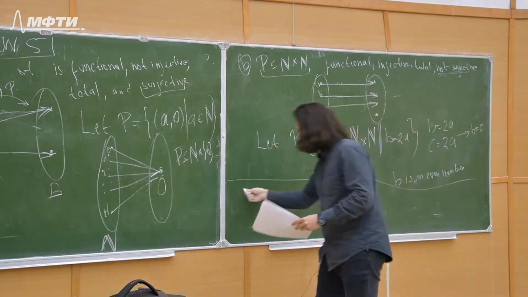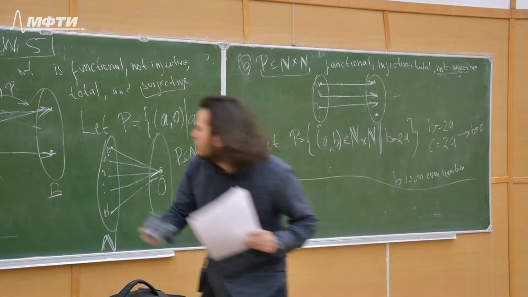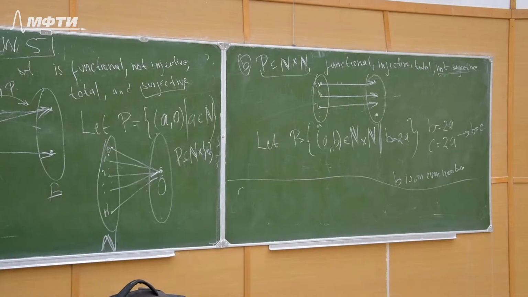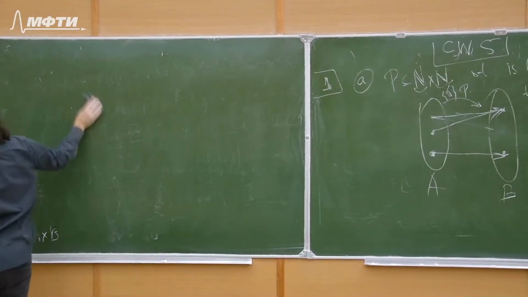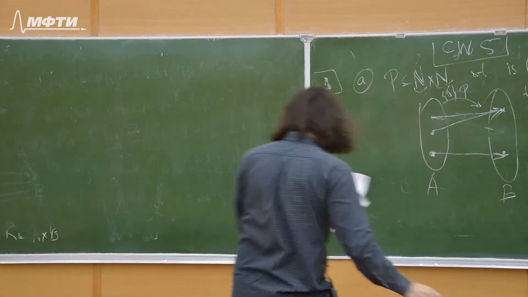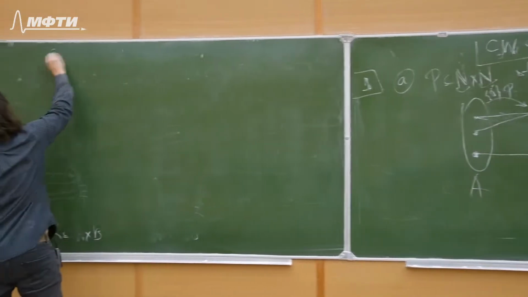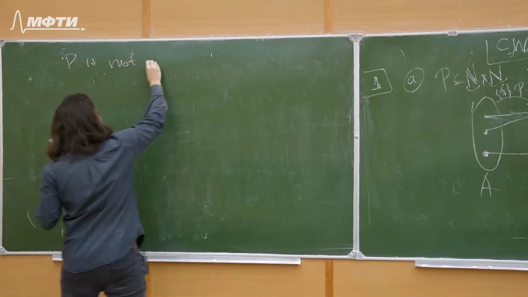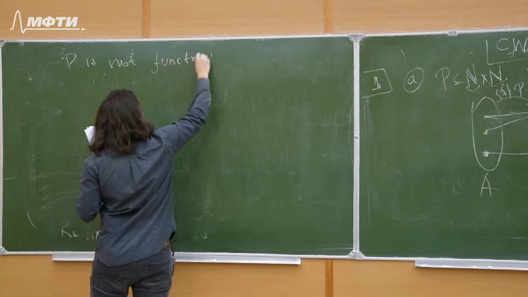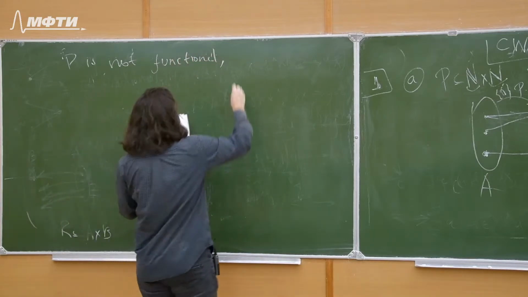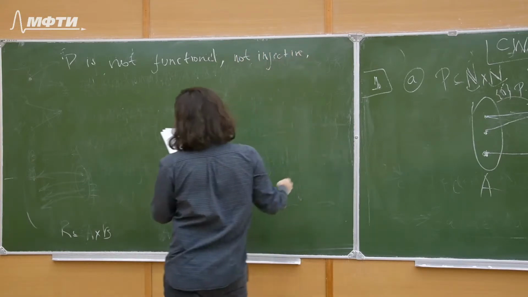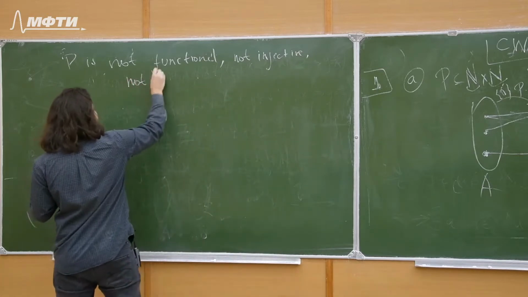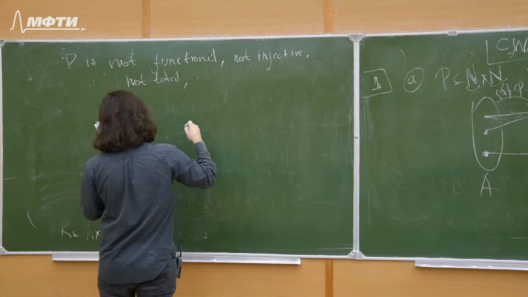This is C. So this is C. We have that P is not functional, not injective, not total, and surjective.